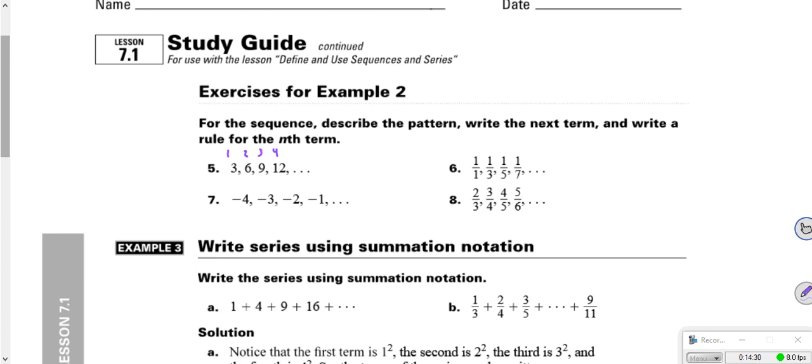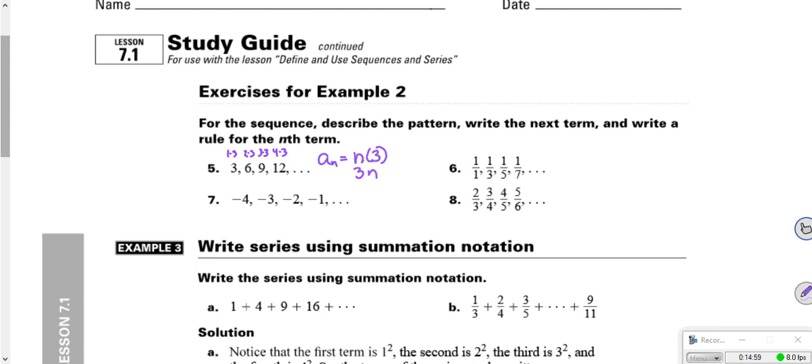So then do you see some kind of rule for how we get a 3 using the number 1? Well, it's going to be times 3. We get to 6 using the number 2 times 3, 3 to get to 9 times 3, 4 to get to 12 times 3. So our rule is the nth term is going to be n times 3, or 3n.